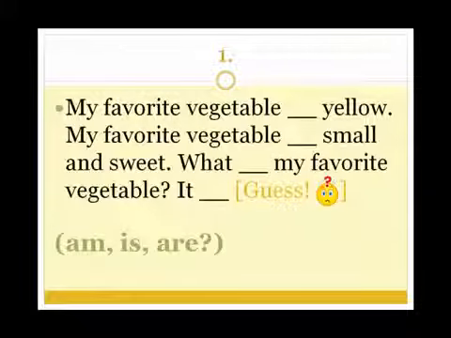Number 1. Use forms of be to complete the statement. If you need more time, use the pause button. Now listen to the answer. My favorite vegetable is yellow. My favorite vegetable is small and sweet.